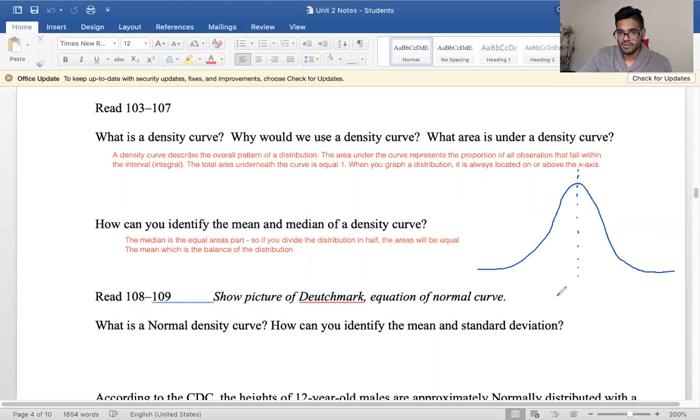So you have the mu or x bar is equal to the median. And then your distance away from the mean, these are going to be your standard deviations.